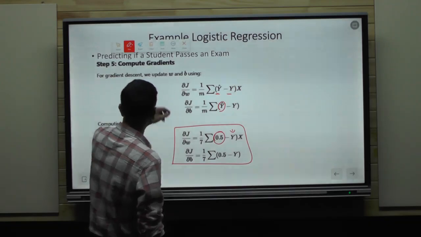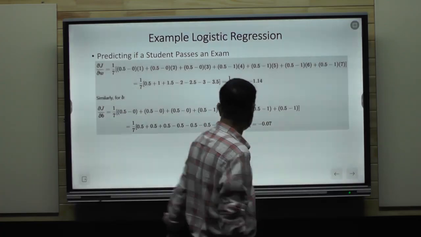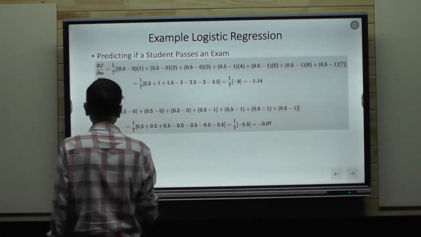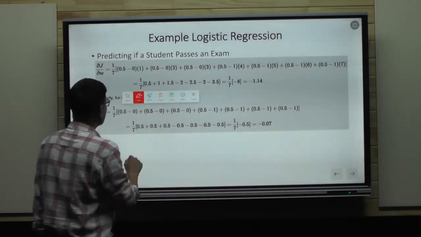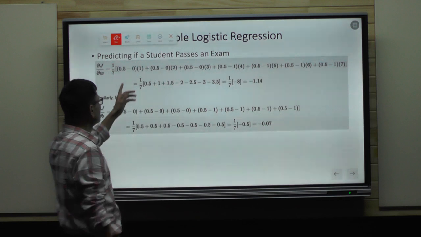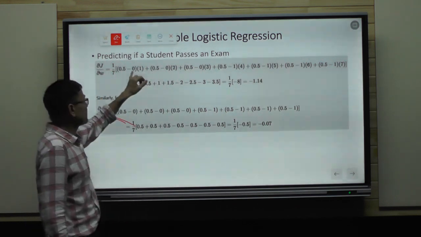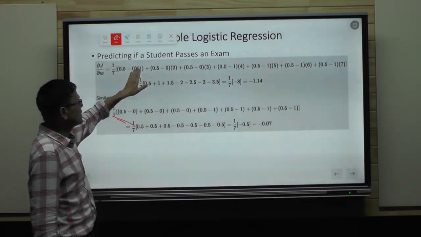So we'll expand this. So you remember the data set? It says 0.5 minus 0. That's the first value available from our data set.